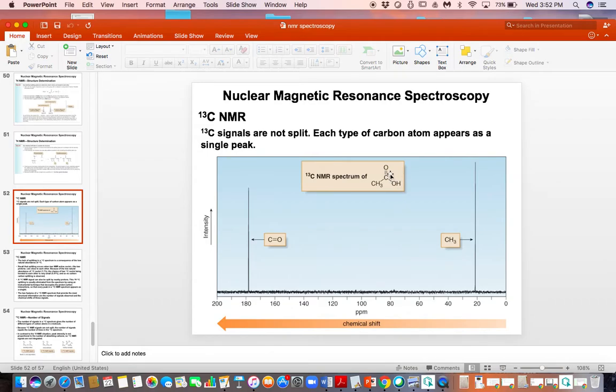You would expect this one to be definitely further downfield than the carbon in CH3, and that's what we see. This one is much, much further downfield. You'll also notice that we use a different chemical shift scale. It's usually about 0 to 12 in proton NMR. In carbon-13 NMR, it's usually about 0 to 200 or so.